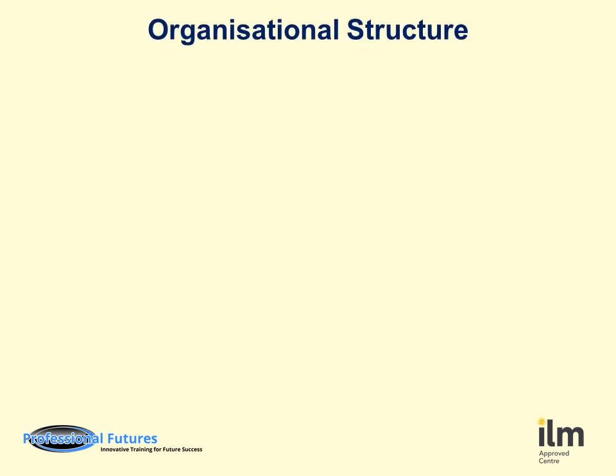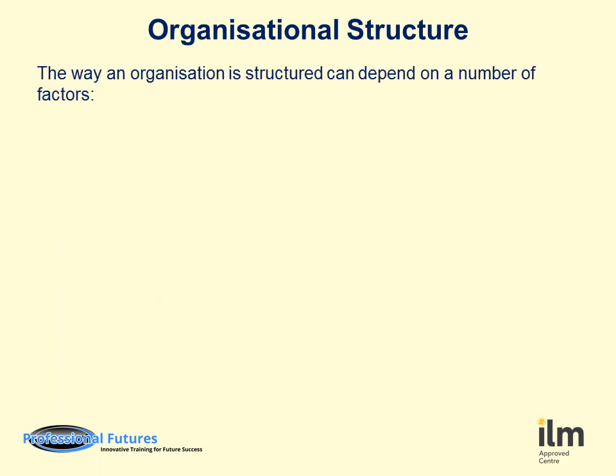When we look at the structure of our organisations, we tend to think about it in terms of how the organisation is physically organised, and there are many ways in which an organisation can be structured. So here are some factors that can affect how an organisation is structured.